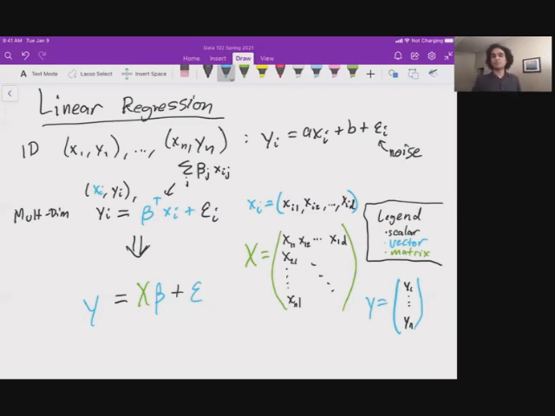In the frequentist world, we think of beta as a fixed but unknown thing that we're trying to estimate. We have y that's random because of epsilon. X is fixed, there's no randomness in X, because it's the data that we're using to predict stuff. For a new book, we know all the x's, but we don't know the y.